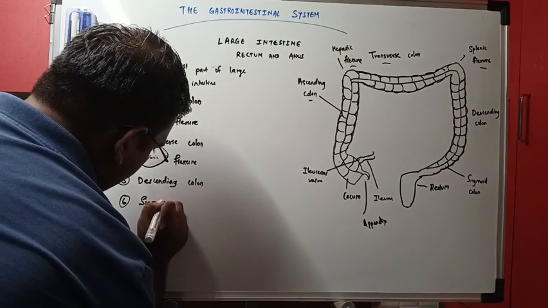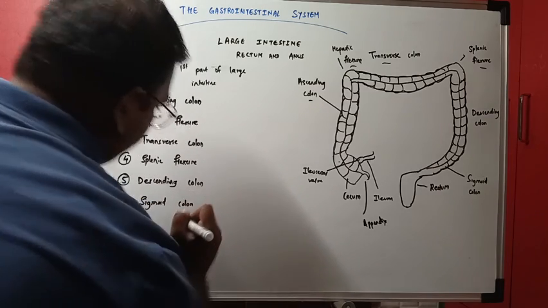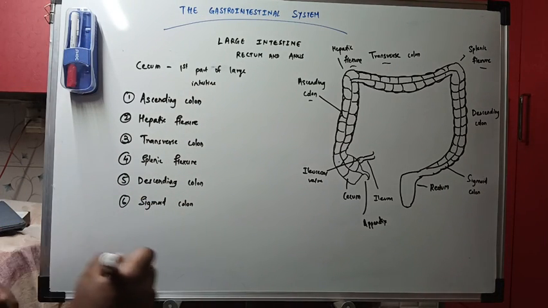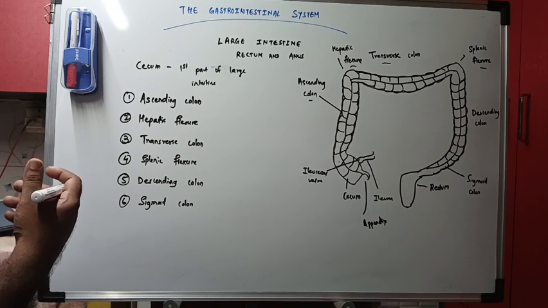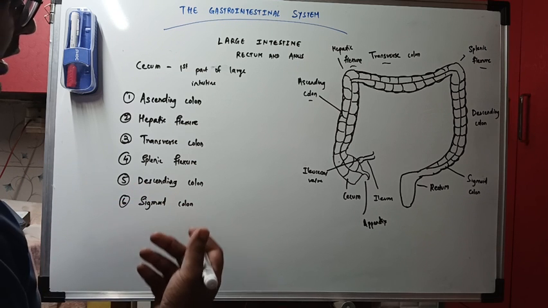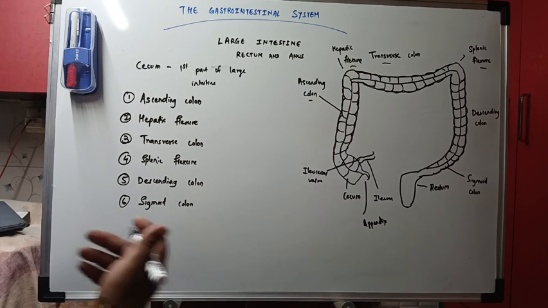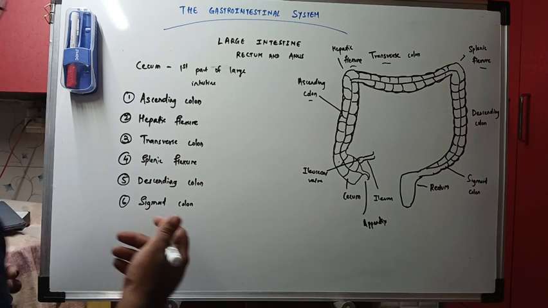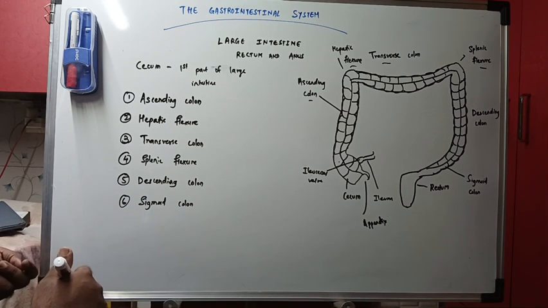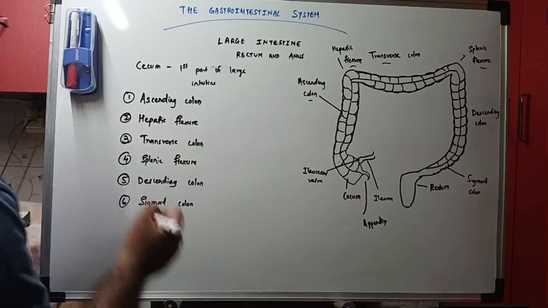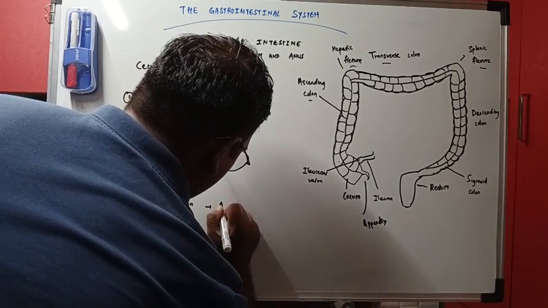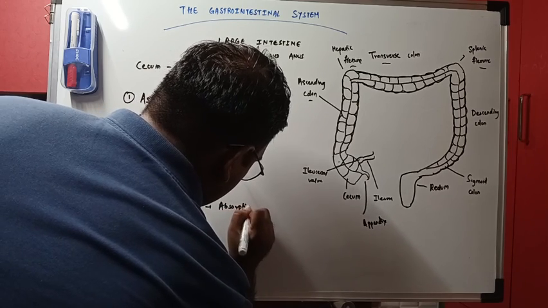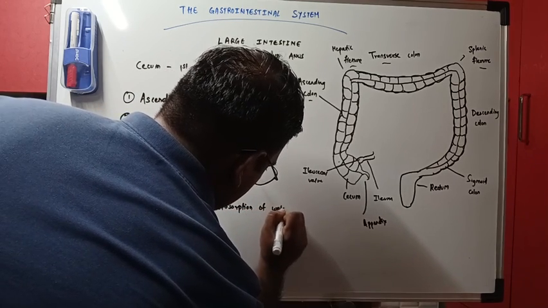There is a special thing regarding the sigmoid colon: it is helpful in the absorption of water. If it absorbs too much water, then the patient may get constipation. And if it absorbs less water, then the patient may have diarrhea. So the sigmoid colon is important for the absorption of water, as we have discussed.